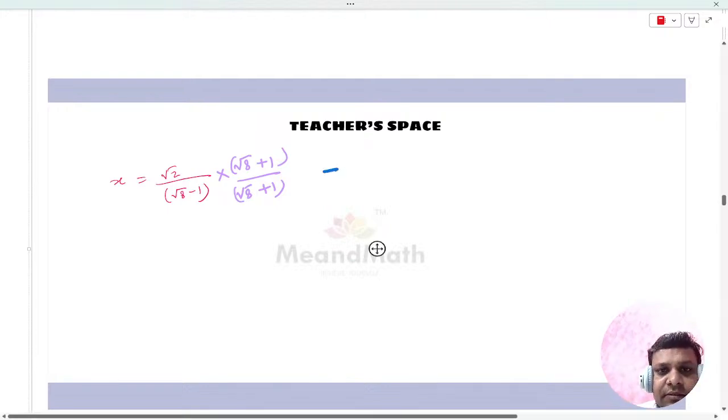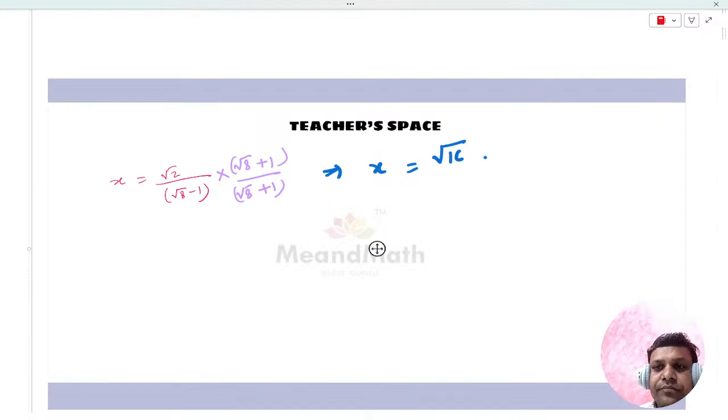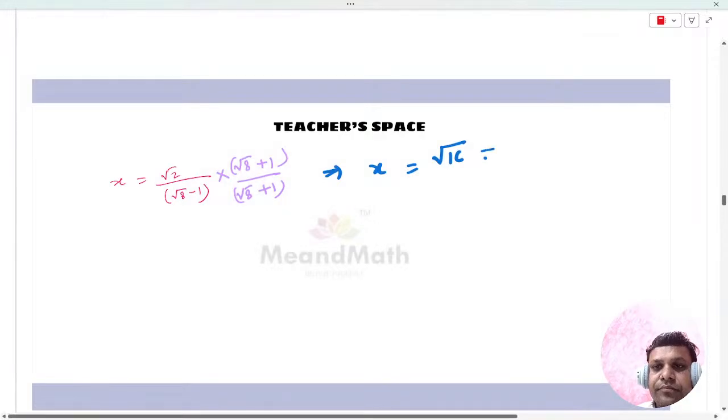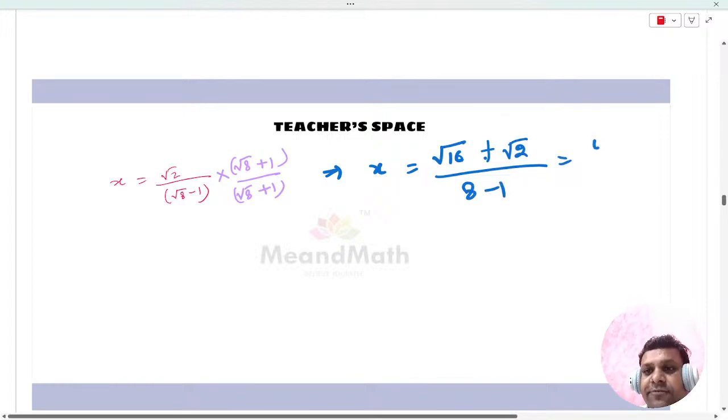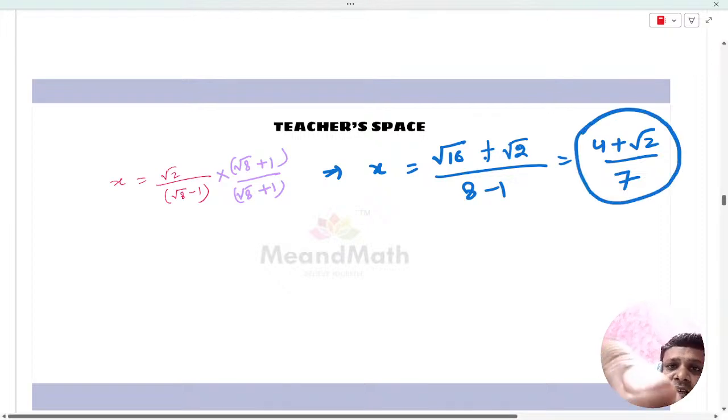Now x is equal to, just multiply root 2 with this, so this is root 16 plus root 2, and the denominator is root 8 minus 1 upon root 8 plus 1, so this is 8 minus 1. So this is 4 plus root 2 upon 7. This is your answer.